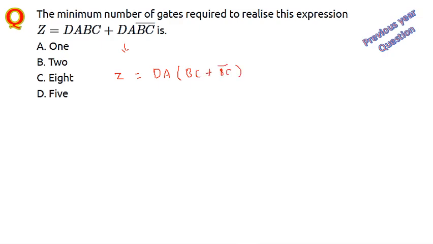Now, according to this, the value of BC plus BC bar here is 1. So how am I getting this 1? For example, BC you just consider as X, and BC dash you just mention as X bar. From this one, X plus X bar will be equal to 1.